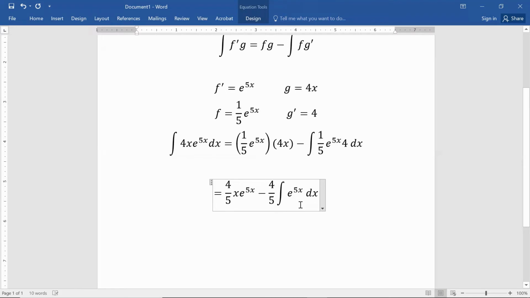Notice what happened to this integration on the right. This integration on the right is something that I know how to do. It's just e to a linear power. That's why I chose the g the way I did. Because when I took a derivative, I got a constant.